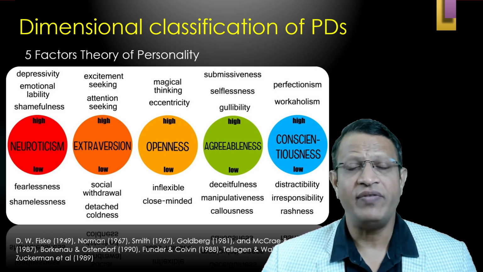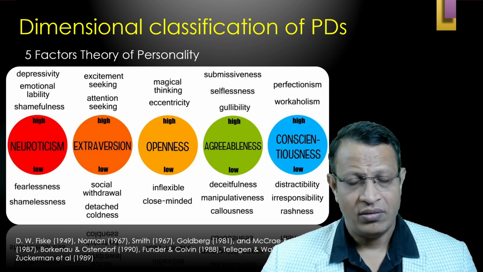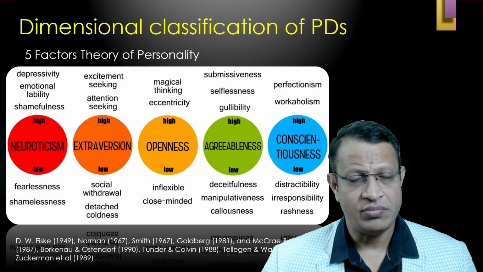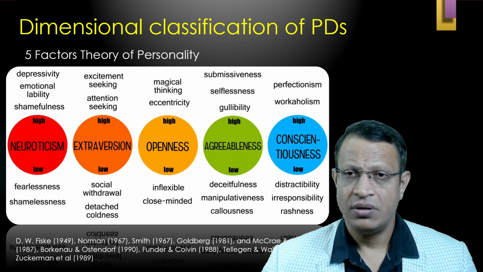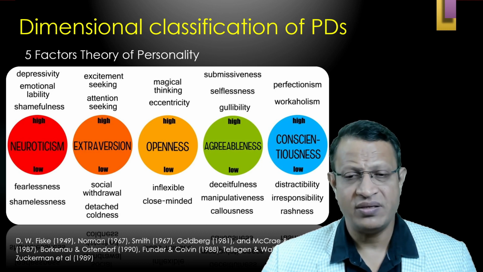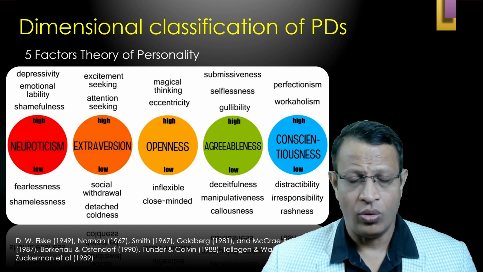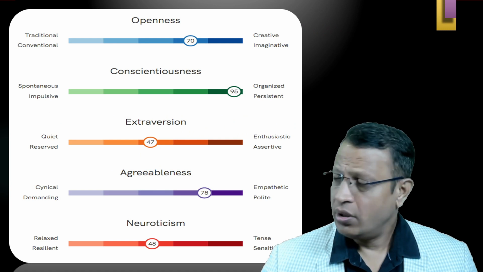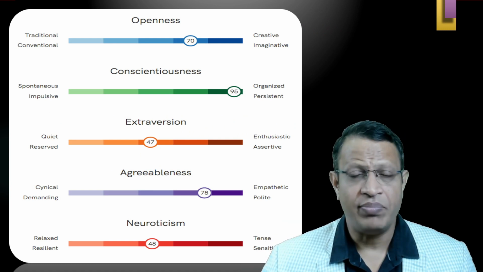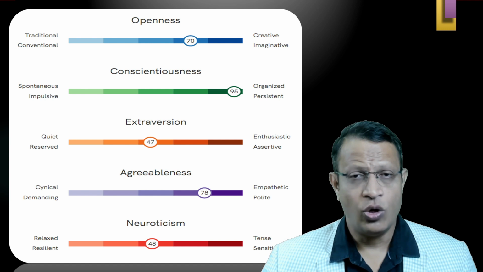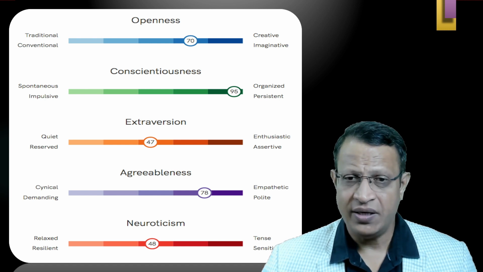Let's look into the five important traits. One is neuroticism, extroversion, openness, agreeableness, and conscientiousness. And on each of these domains, you will score high or low. And based upon the score, you can see how you can map the spectrum. Openness is scoring 70.